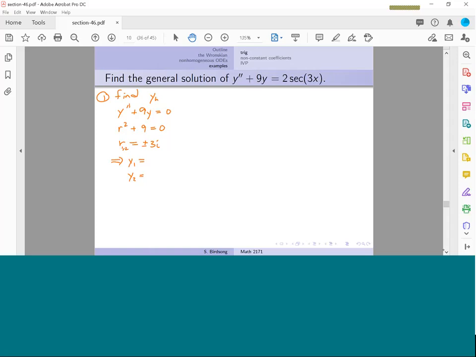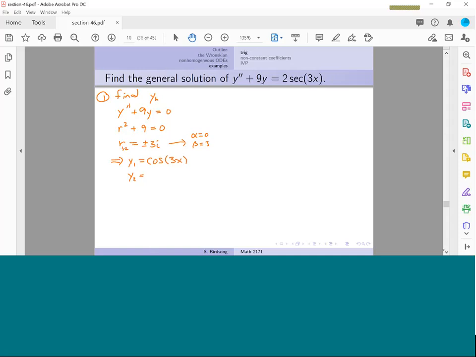Now, you said cosine, so let's go ahead and write cosine as y1, so cosine of 3x, which means that y2 has to be who? So y2 in this case has to be the exact same format, except you swap out the cosine for a sine.